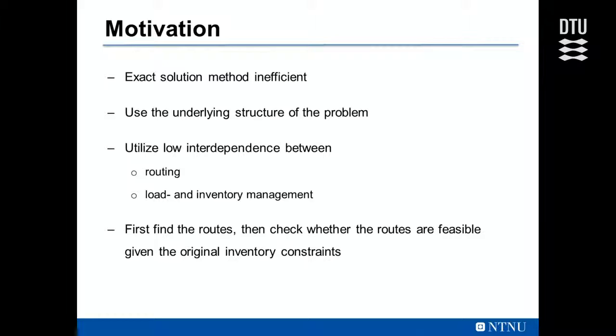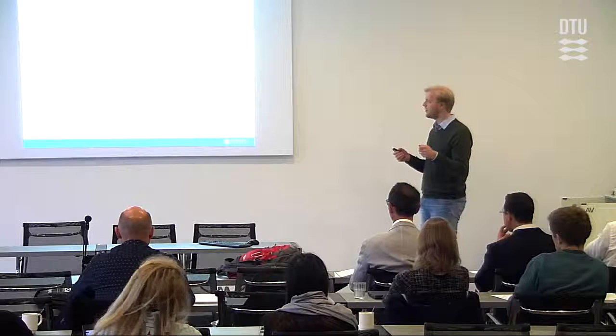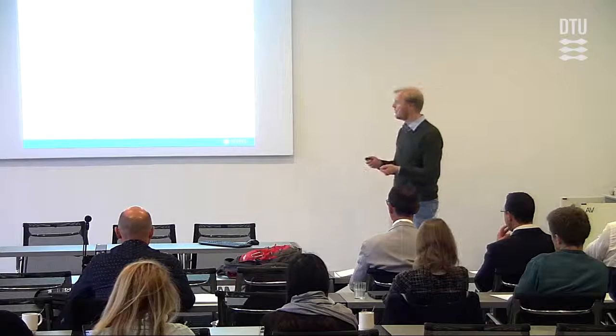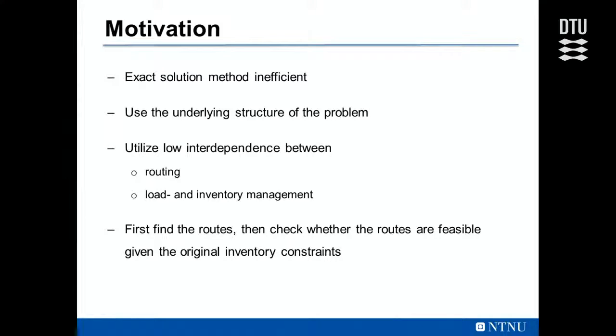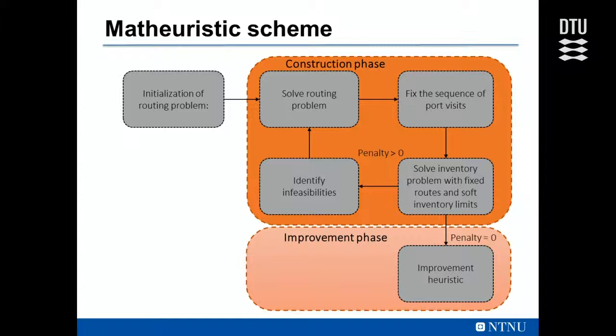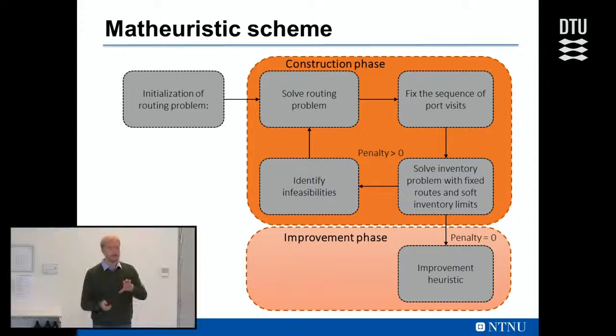So if we could first find routes, then given these routes, we can check, is it possible to have feasible inventory levels and levels on board the ships so that we can sail and perform everything without the inventories going over full or empty. So therefore we split the problem in two, one routing part and one inventory management part.